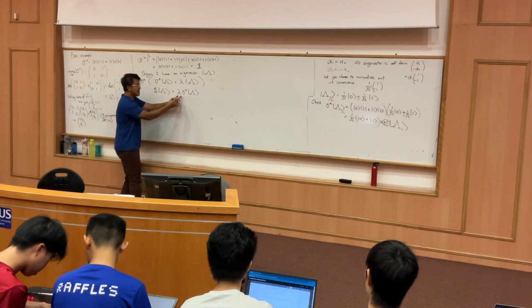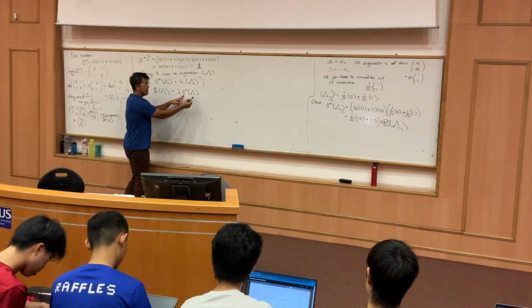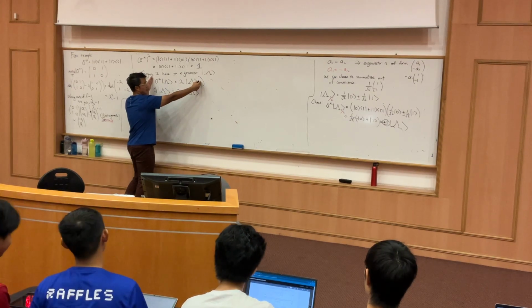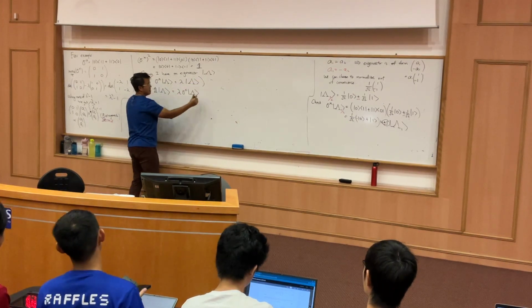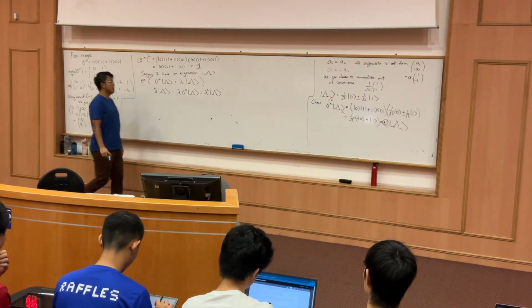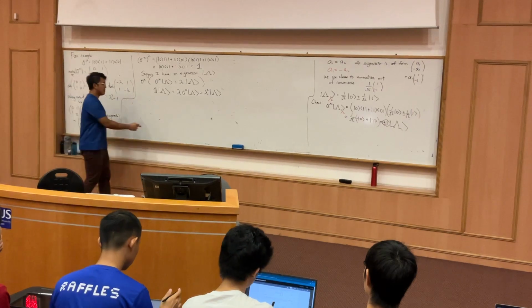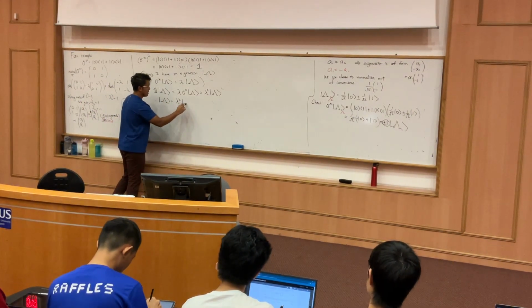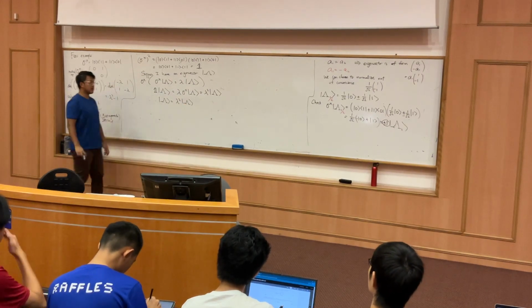But then sigma x times lambda satisfies again the eigenvector equation. Right here, this one. So that's equal to lambda squared. So what do we conclude? We conclude that lambda equals lambda squared, if it's an eigenvector.